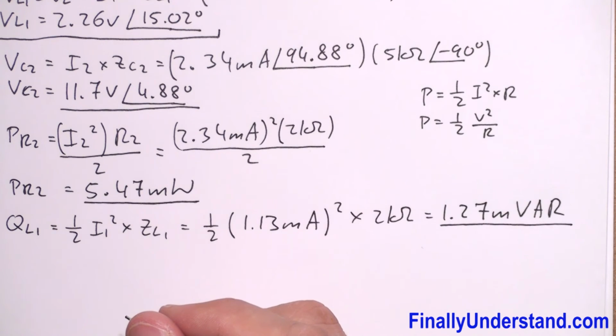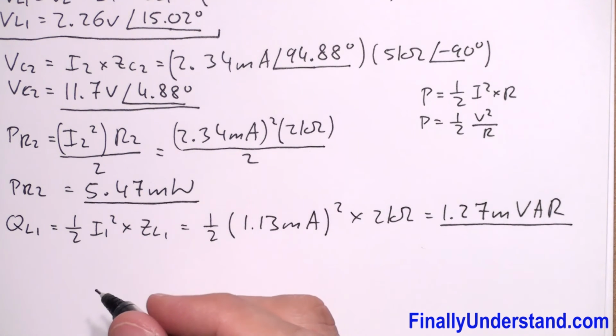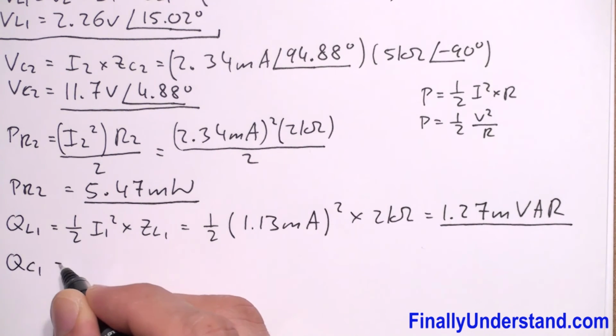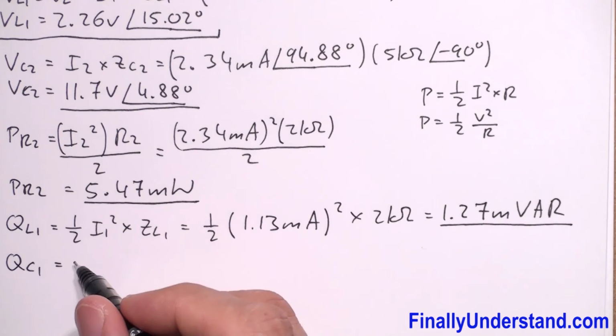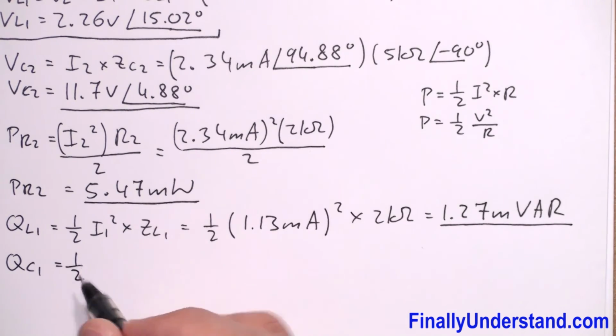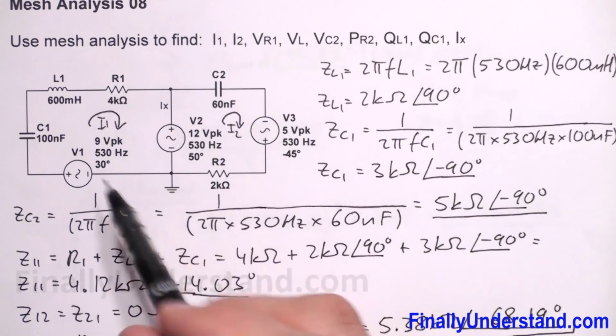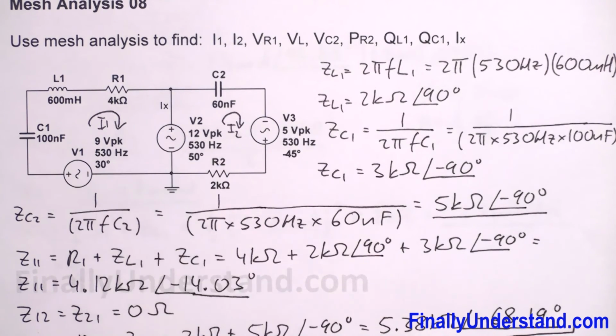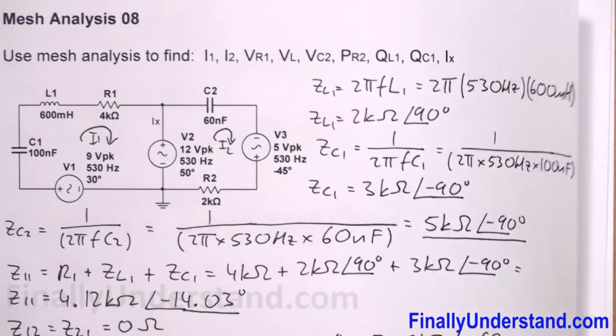Next, I'm supposed to find QC1. QC1 is equal 1/2, because again I'm dealing with the peak values, and this is my C1. I1 goes through the capacitor C1, that's why I'm going to use this current.